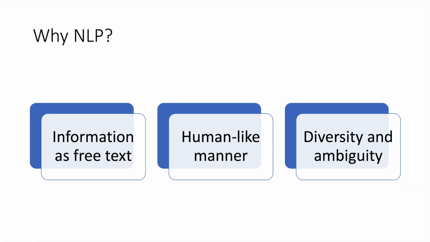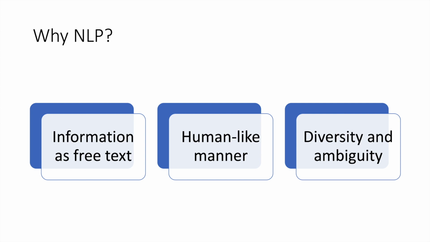So, why shall we use NLP? Why is it important? You need to keep in mind that most information is nowadays stored as free text, and intelligent systems must be able to communicate in a human-like manner, whatever that is. Natural language is characterized by diversity and ambiguity.